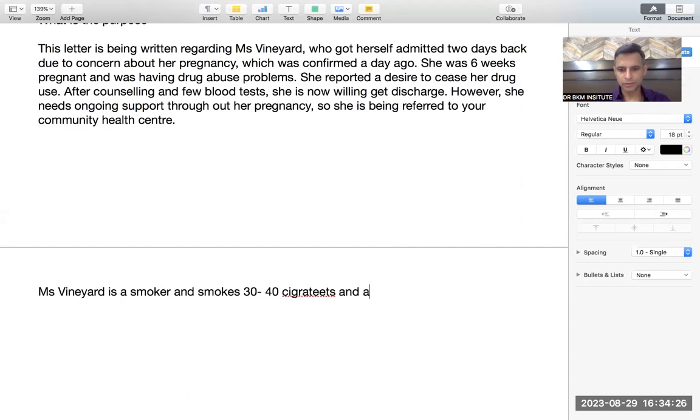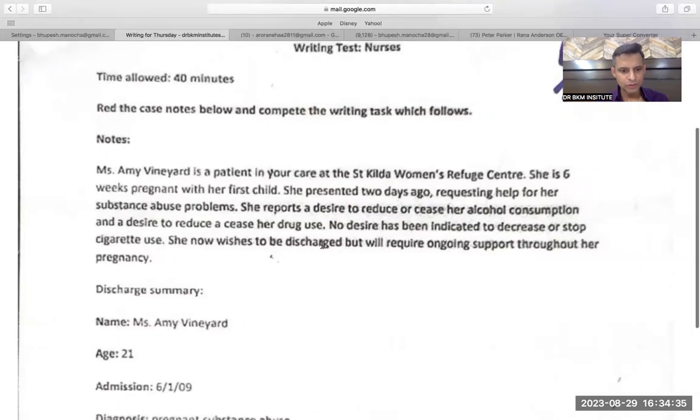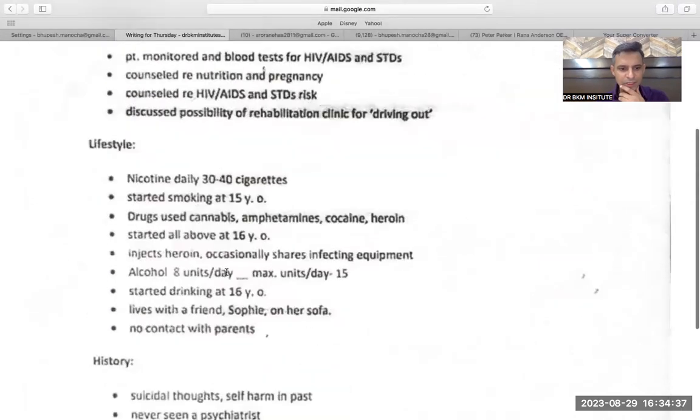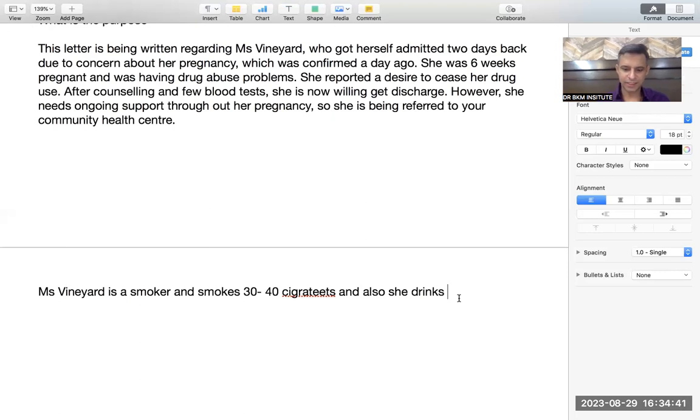And also she drinks regularly. I am not quite sure whether she drinks regularly or not. Alcohol, 8 units per day. Yes, she drinks 8 units per day on a regular basis. So now I'm mentioning the main points.